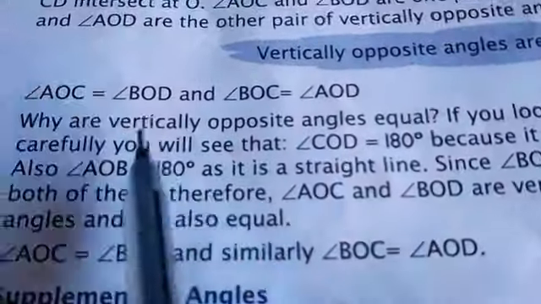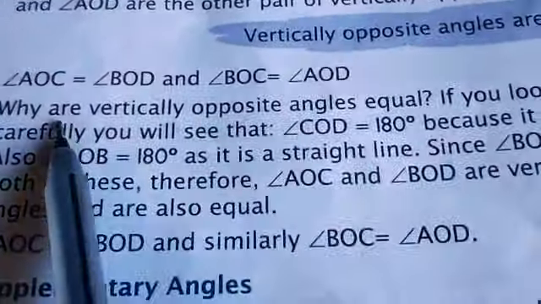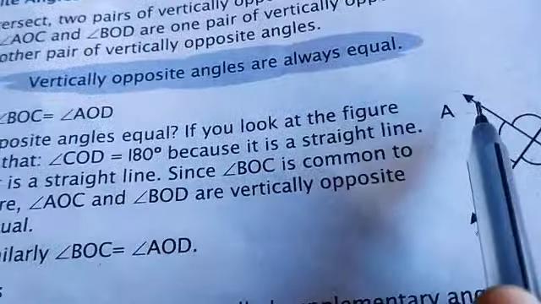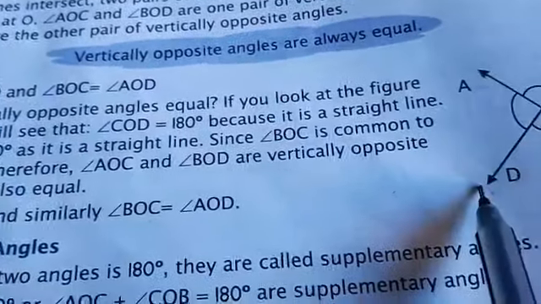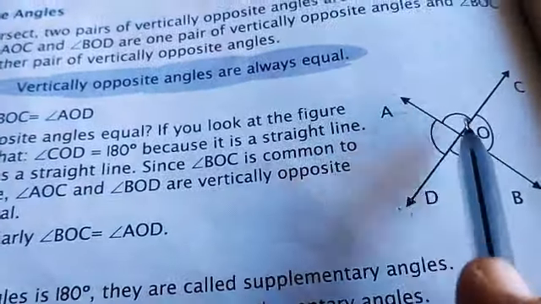Now, why are vertically opposite angles equal? If you look at the figure carefully, we can see that COD is 180 because it is a straight line. And also angle AOB is 180 as it is also a straight line. So COD is 180 and angle AOB is also 180 as they both are straight lines.